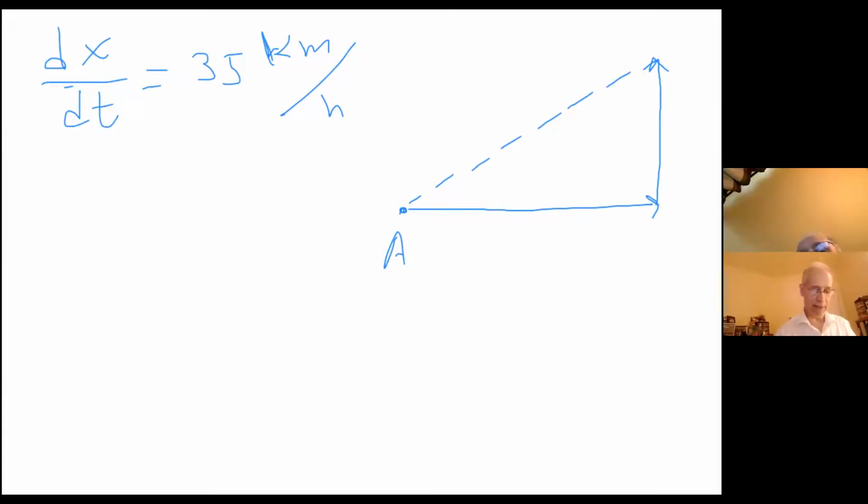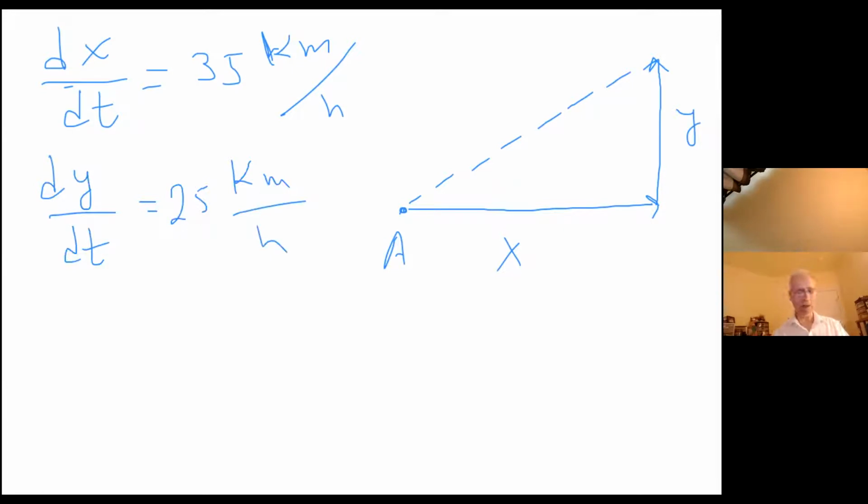So that means that if this is my x, this is my y, I can say dy/dt equals 25 kilometers per hour. Now I have to be careful though, because ship A is moving eastward, and the initial distance, x equals 150 kilometers, in the beginning.